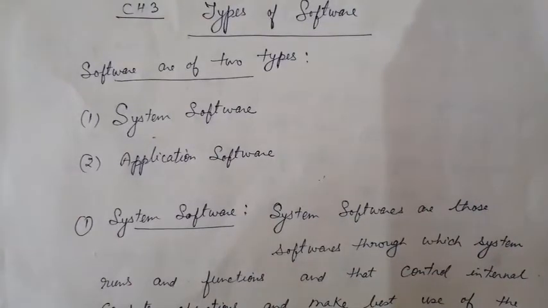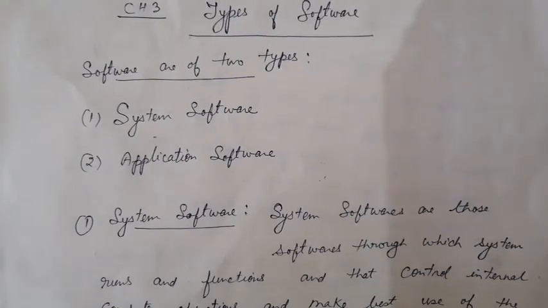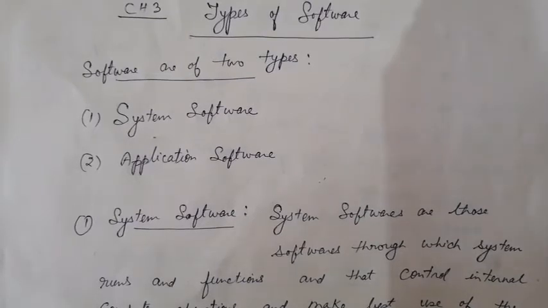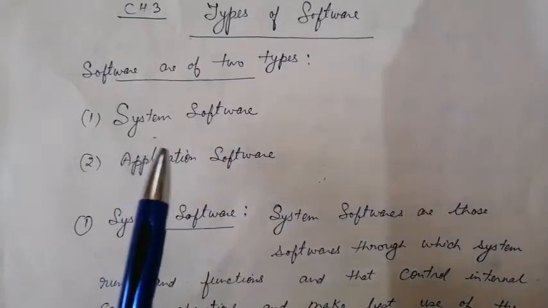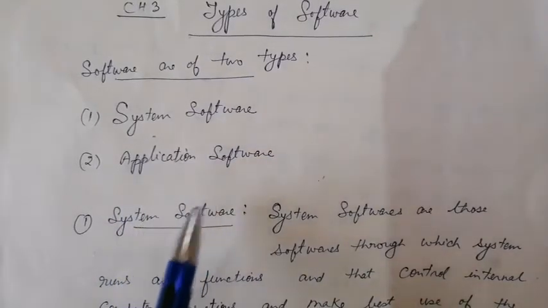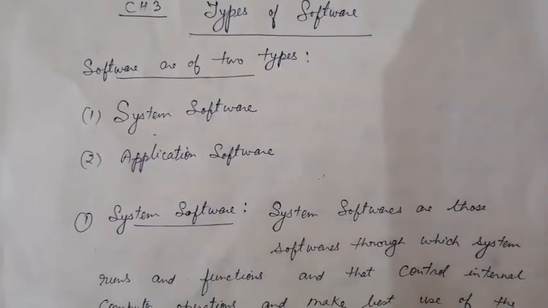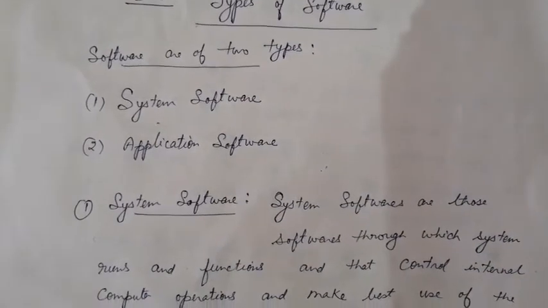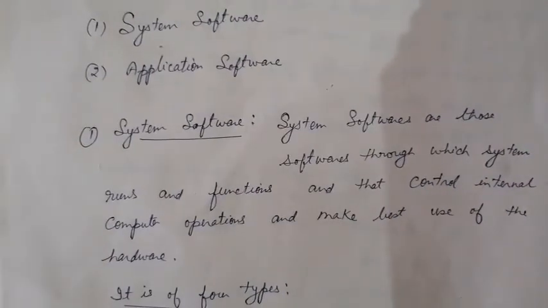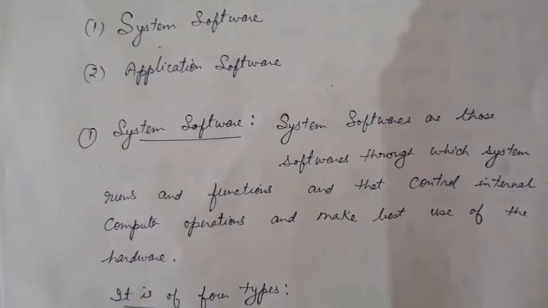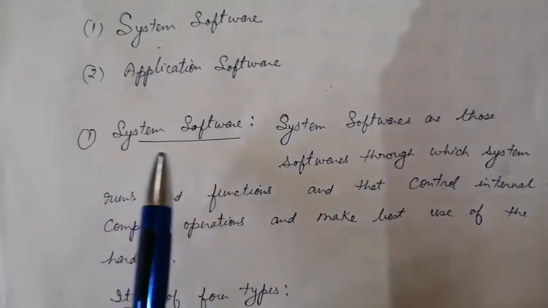I mostly go with the meaning of the term, find out the meaning, and then compare the definition with the meaning of the term. So there are two types of software, system software and application software. First we will see system software, then we will go through application software. So what is system software?